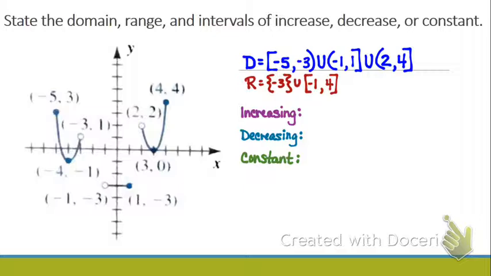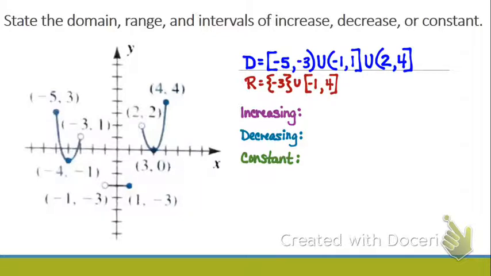When I write the intervals for increasing, decreasing, and constant, I'm going to look for the inputs, the x's, where the outputs are doing that. So for increasing, I'm looking at where would I put my pencil that if I traced this graph, my pencil is going up. So as I start over here on the left, if I put my pencil down where the graph starts, over here at -5, is my pencil going up or down here?